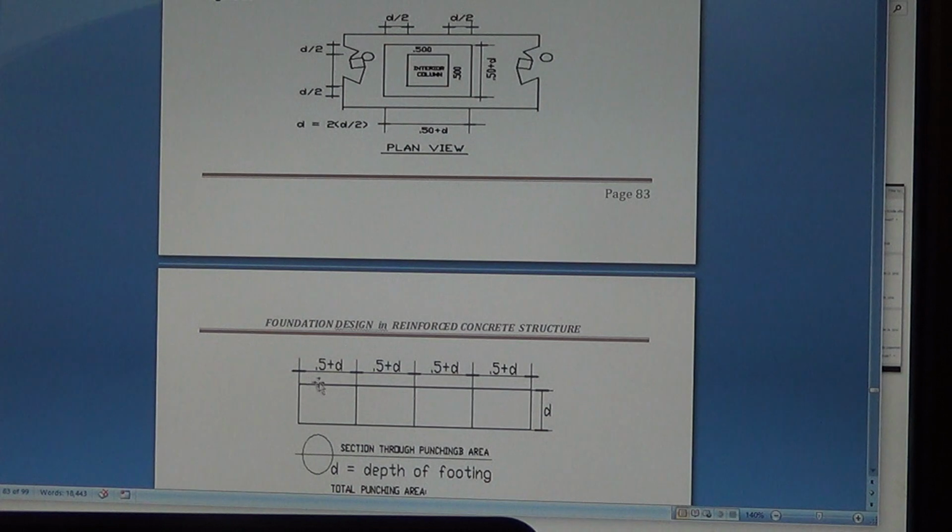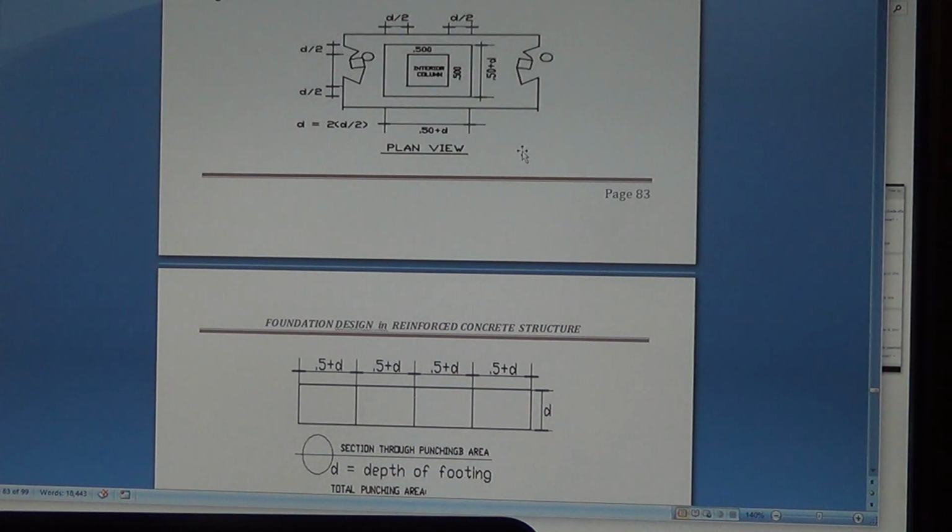So this is the total perimeter of the punching shear multiplied by how deep your foundation is, and that is the area of resistance. Multiply the allowable stress for concrete, and you get the capacity, the load that this foundation can carry. Okay, this is how you attack the punching shear there.